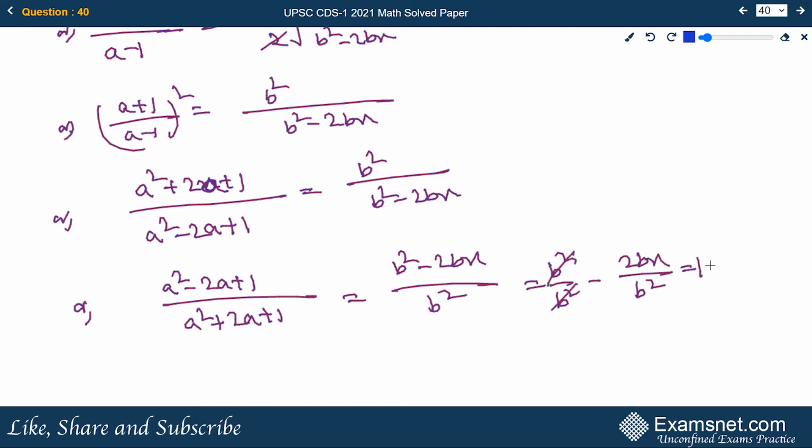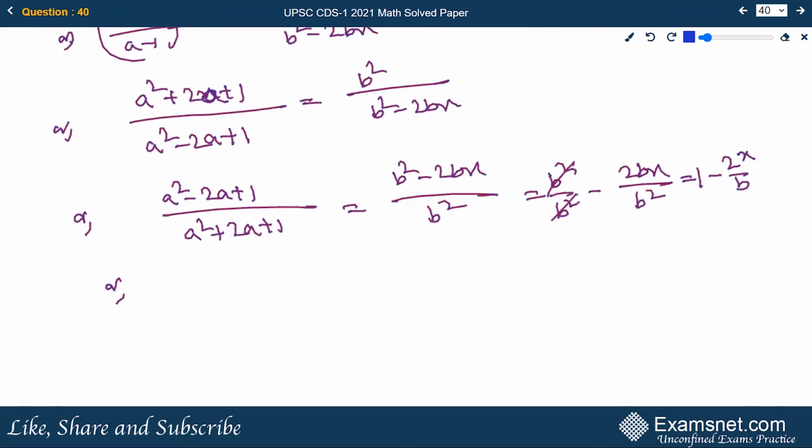So that means 1 minus 2x by b. Okay, so further I can write 2x by b equals 1 minus a square minus 2a plus 1 by a square plus 2a plus 1.